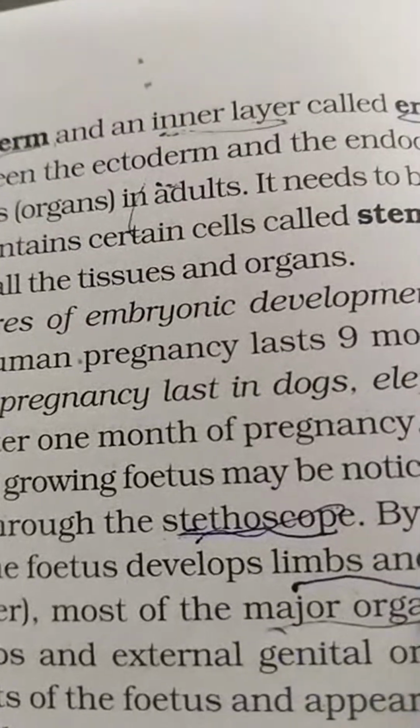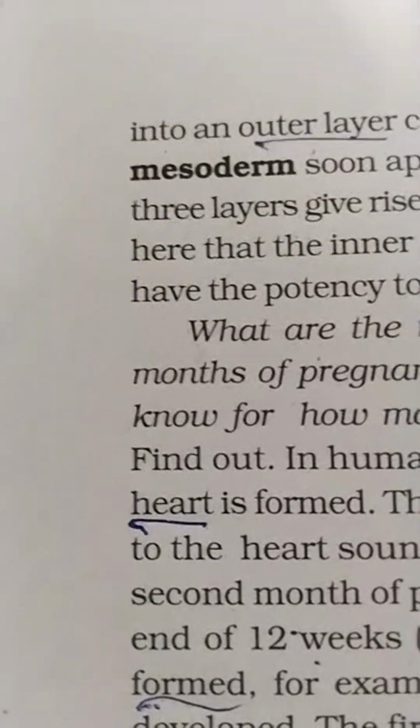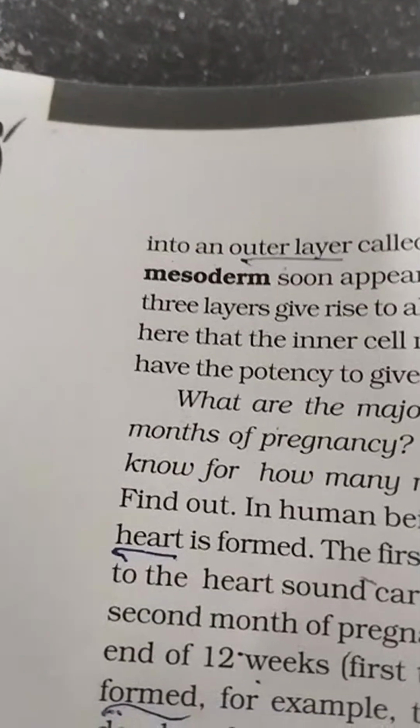See, major organ systems have been developed during completion of the third month, or we can say at the end of the first trimester. For example, the limbs and external genital organs are well developed.